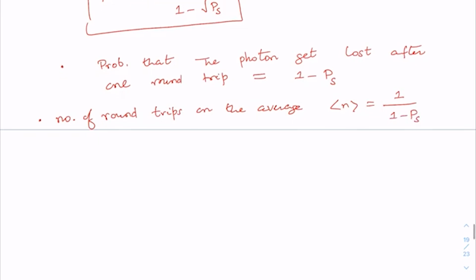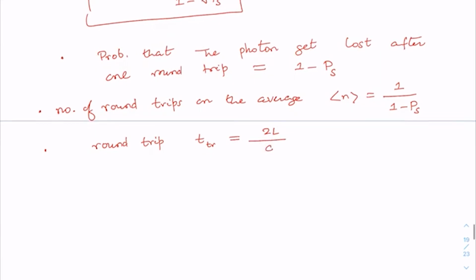Now, the round trip time is easy to calculate, because we know that the cavity has length 2L, so the photon has to cover a distance of 2L, and the speed of the photon inside the cavity is c, let us say.